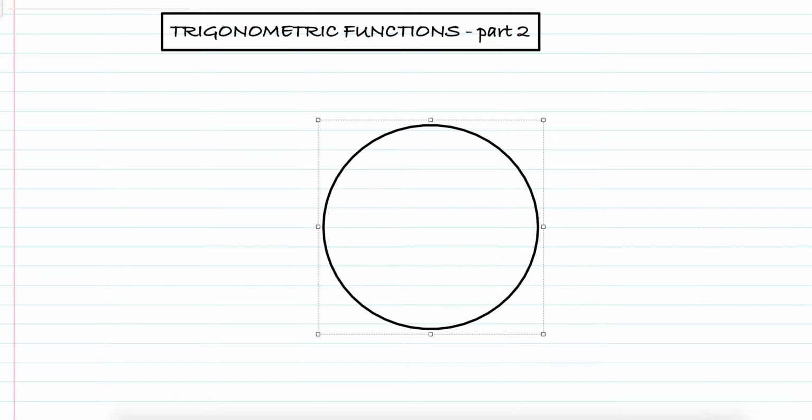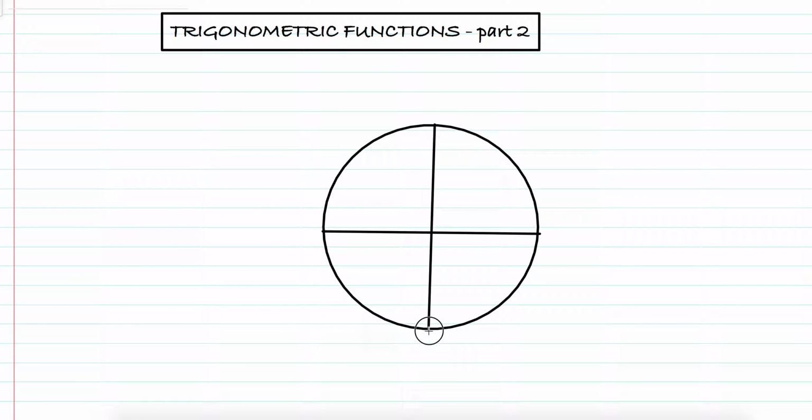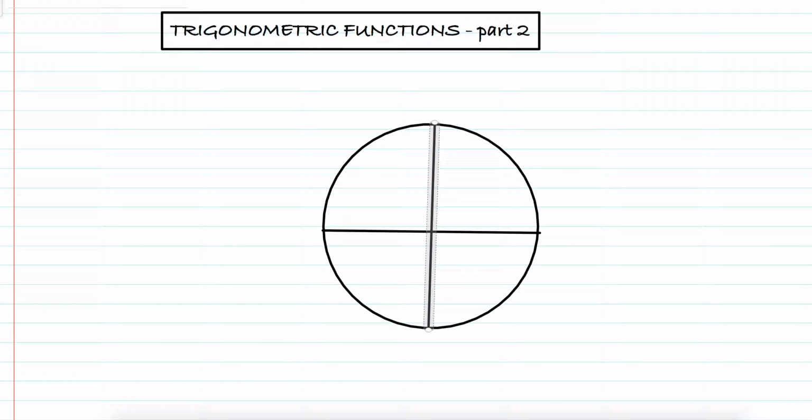So this is our circle, and let its center be at the origin, so its center is at 0, 0, and its radius is r.